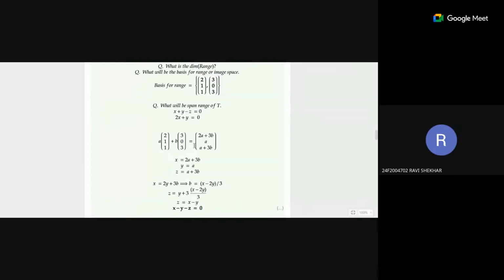We got those two vectors, then we wrote x in terms of those two vectors, and y and z in terms of those vectors.